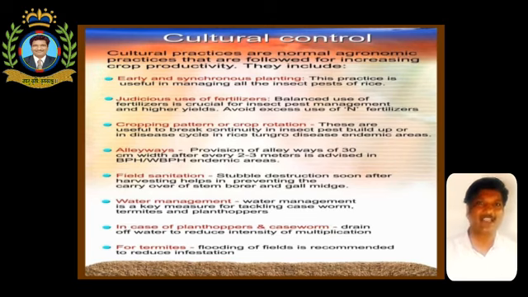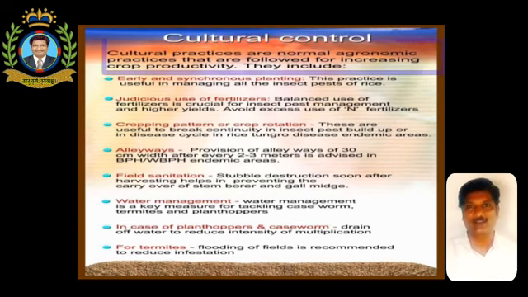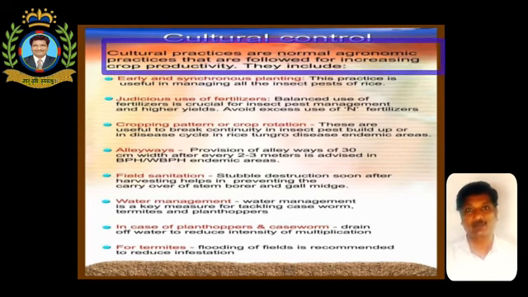Now we will start with the most traditional way of controlling the pest, which is prominently known as the cultural control measure. It is mostly an agronomical practice followed by almost all farmers for increasing their yield and productivity.